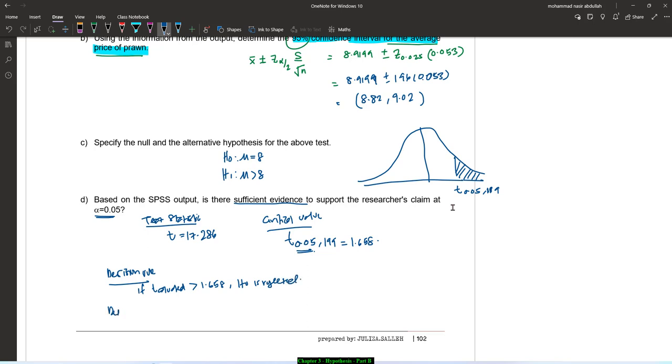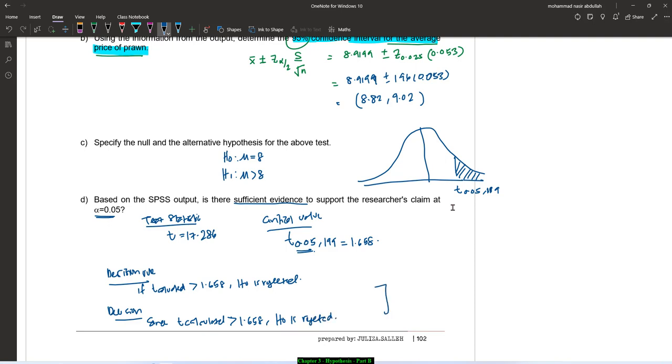So our decision here: since t calculated, which is 17.286, is more than 1.658, the null hypothesis is rejected.